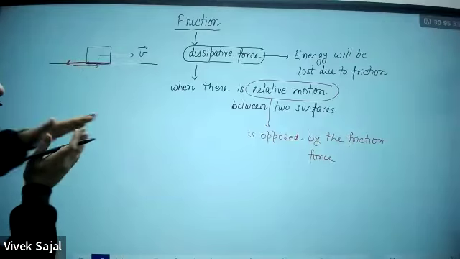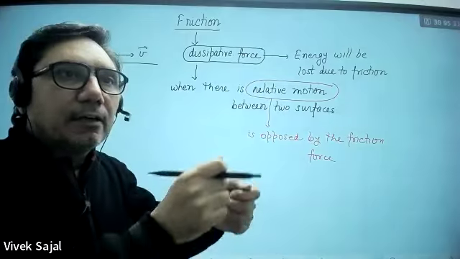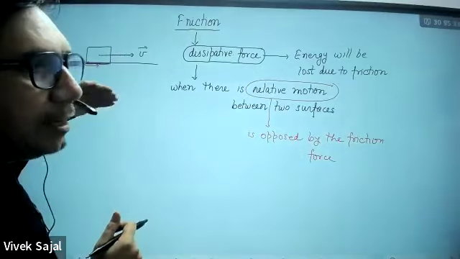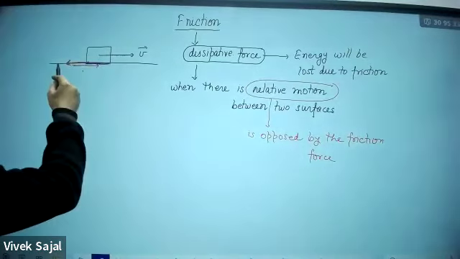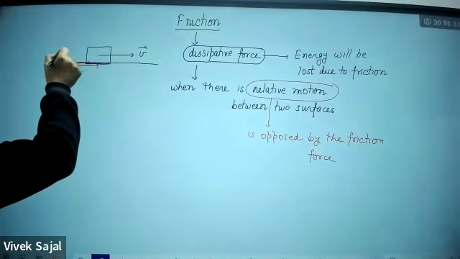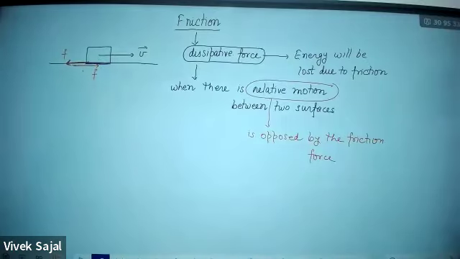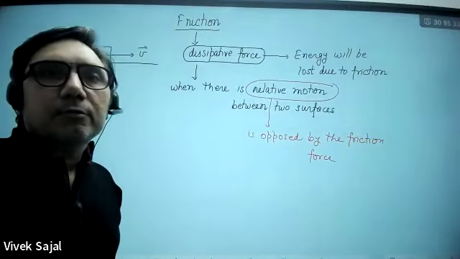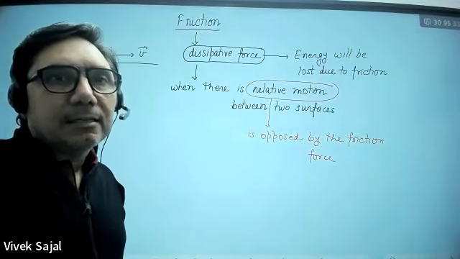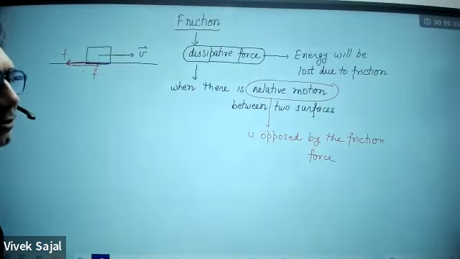So due to this relative motion between two surfaces, on one surface friction force acts in one direction, but on the other surface in contact, it acts in the opposite direction. So on the block, this is the friction force. On the earth, this is the friction force. That is called friction force.